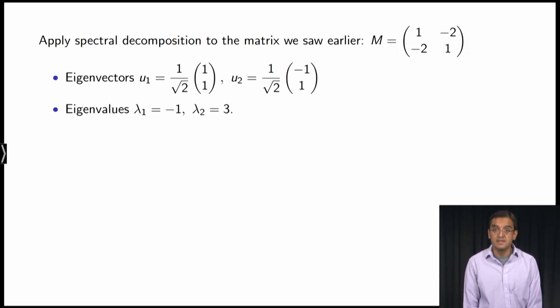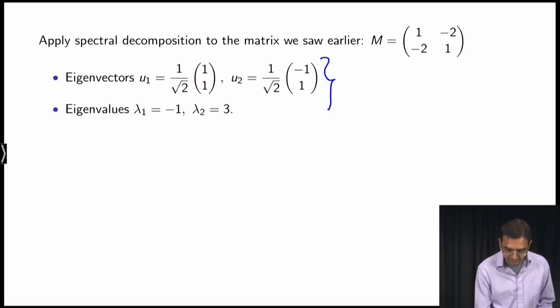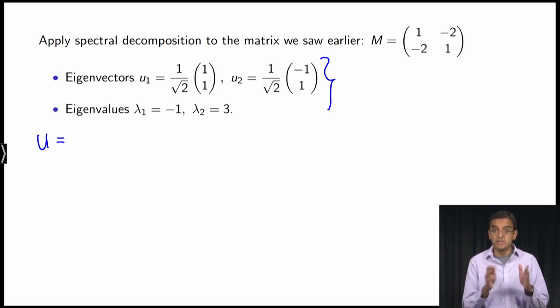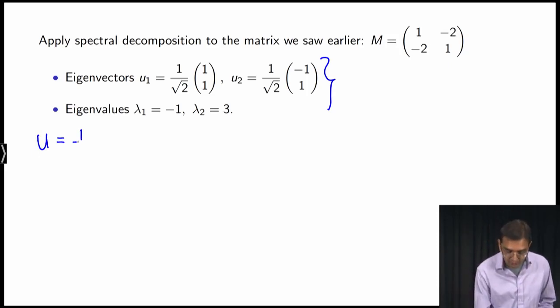Okay, so let's see how the spectral decomposition theorem applies to this matrix M that we saw last time, this 2 by 2 matrix. What we did last time is to figure out its eigenvectors and eigenvalues, and this is what they turned out to be. So now let's go ahead and apply this theorem. We construct the matrix U, whose columns are the eigenvectors. So let's pull that 1 over square root 2 out.